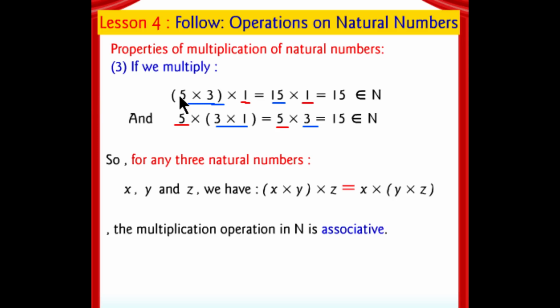3. If we multiply 5 times 3 between two brackets times 1, 5 times 3 equals 15, write 1, 15 times 1 equals 15, which belongs to N. And 5 times 3 times 1 between two brackets equals, write 5, and 3 times 1 equals 3, 5 times 3 equals 15, which belongs to N. So for any three natural numbers x, y and z, we have x times y between two brackets times z equals x times y times z between two brackets.